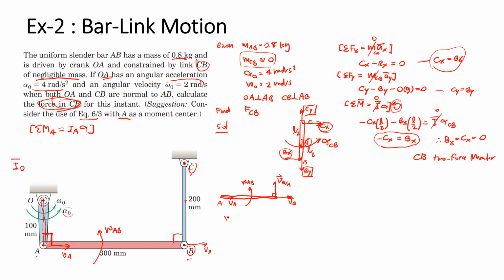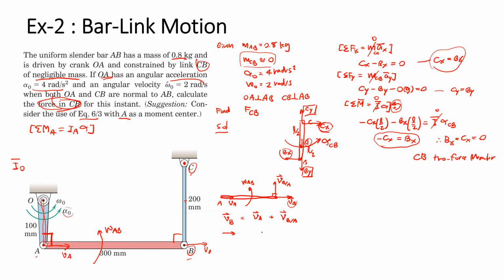We can compose the relative velocity relationship that velocity of point B is equal to velocity of point A plus B with respect to A. VB has only horizontal direction.